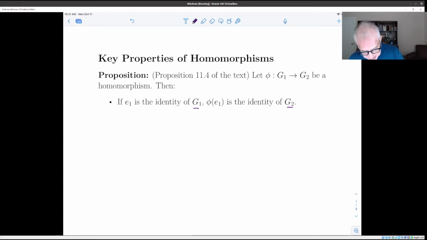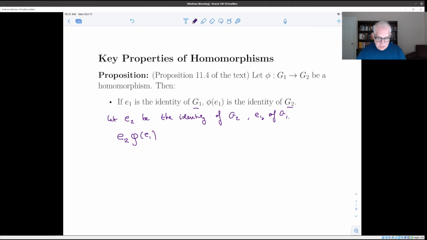So let E2 be the identity of G2 and E1 of G1. By definition, E2 times phi of E1, which is an element of G2, has to equal phi of E1.